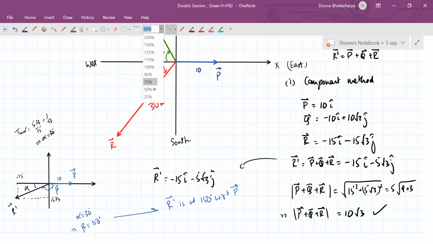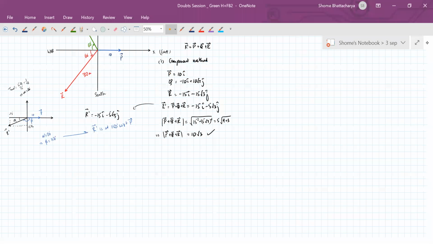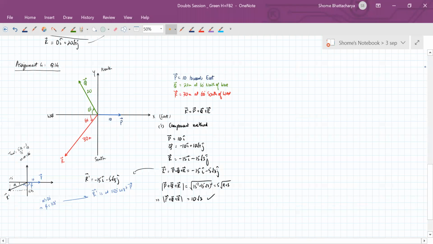Okay, so I'll just minimize this for your benefit and just understand the diagram. Later we will also move on to a geometrical way of solving this. So finish this, then we'll come to people's doubts in exercise 1 of the module also.